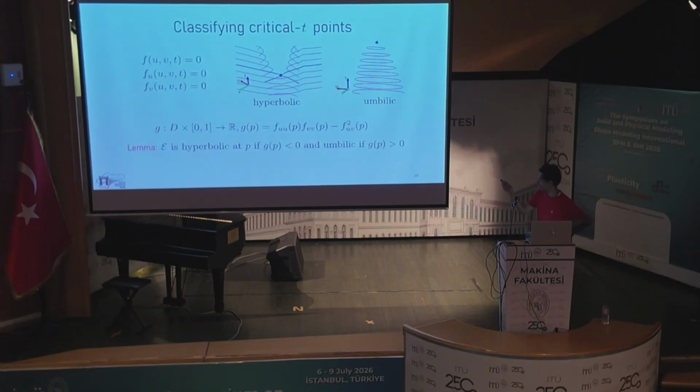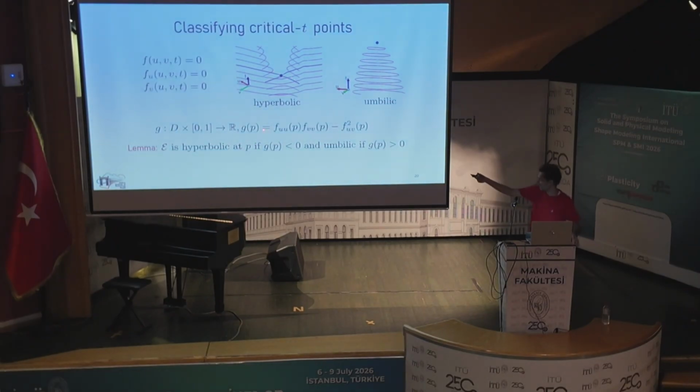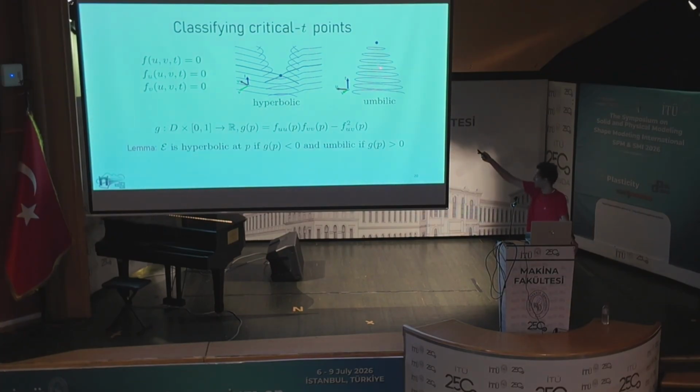This is done by looking at the Gaussian curvature of the envelope at this point. The sign of the Gaussian curvature will tell you whether it is hyperbolic or umbilic. And this function essentially computes the sign of the Gaussian curvature of the envelope. Then you know what kind of point it is, and this is easily done, so we won't discuss this.